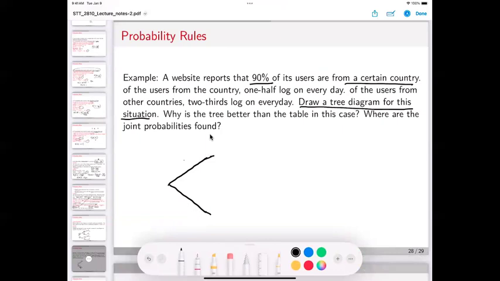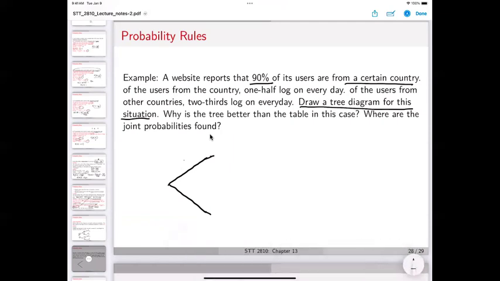I'm told that 90% of its users are from a certain country. I don't know what that country is, so I decided to put here certain country. Or you could also put country, and here will be not certain country.